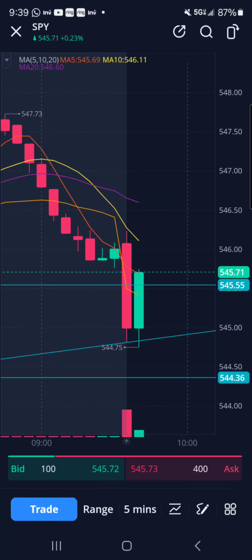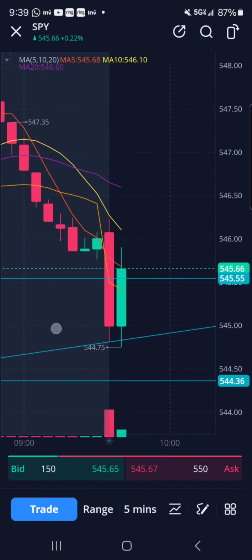So right now, this is what you call a tweezer bottom candlestick on the 5-minute, which is looking to form an engulfing candle. And it broke that 545 level that we wanted. So things are starting to look good. Now let's set up a different trading entry.